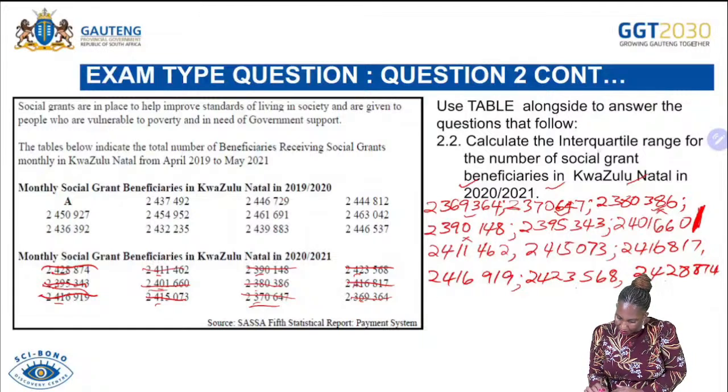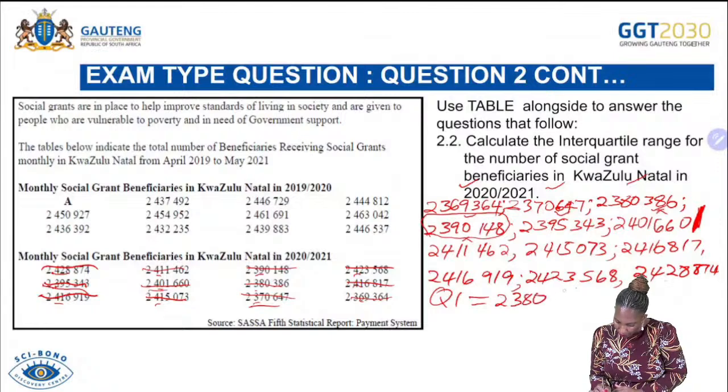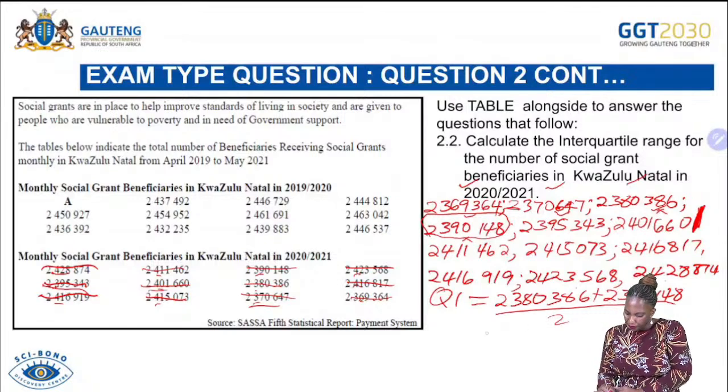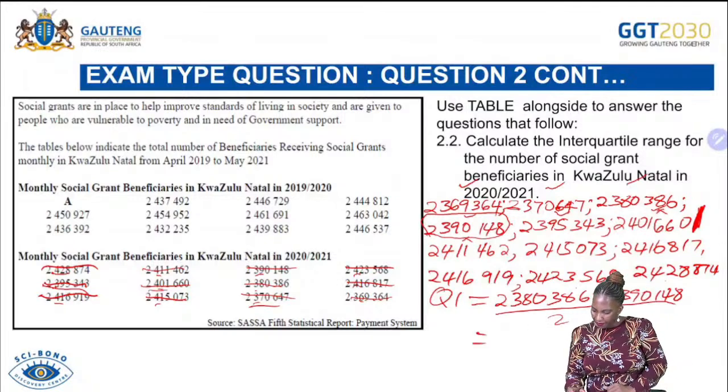Then I have to identify my Q1. Since my data set is now divided into two equal parts, I have 1, 2, 3. This one will be my middle one, my Q1. Q1 will be these two values, because there are how many? It's 1, 2, 3, 1, 2, 3. So meaning I have to add 2380386 plus 2390148 and divide it by 2.